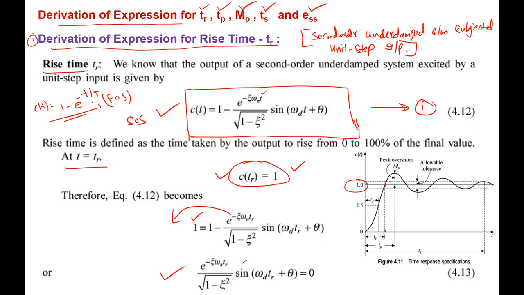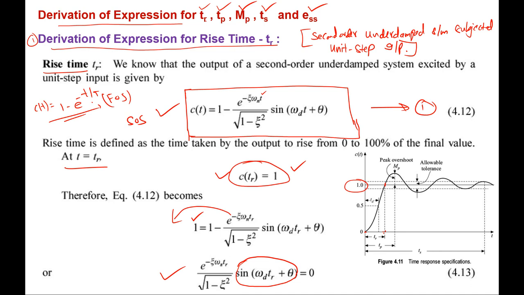Means the sine term should be equated to 0, because from time 0 to TR there are no oscillations. Oscillations start after TR like this. But from time 0 to TR, the response is rising slowly, exponentially. So this exponential term cannot be 0 because the response is exponential in nature. Only this can be 0, sine of omega d TR. So we will equate the second term to 0.